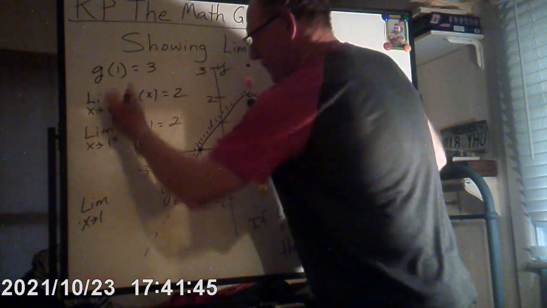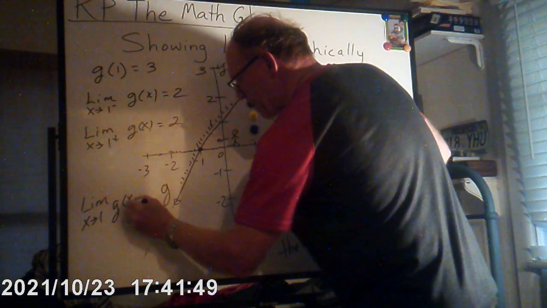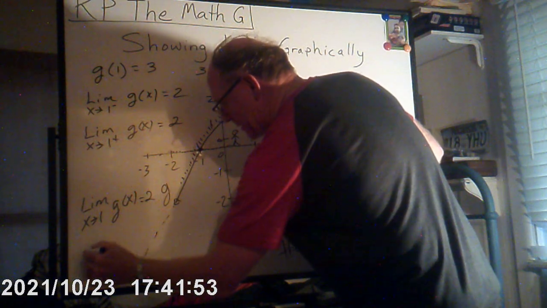Okay, from no negative, no positive, g at x does equal 2, so the limit does.